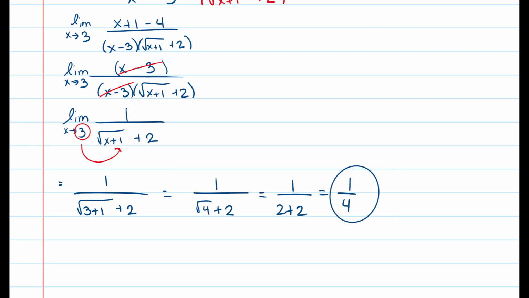And so you get that the slope of the tangent line of the square root of x plus 1 at the point 3 is equal to 1/4. So if we have the graph like this, and we want it at 3, the slope of this line right here is 1/4.